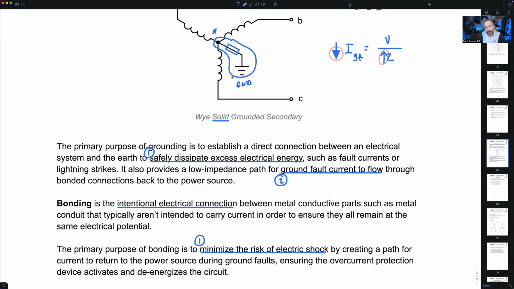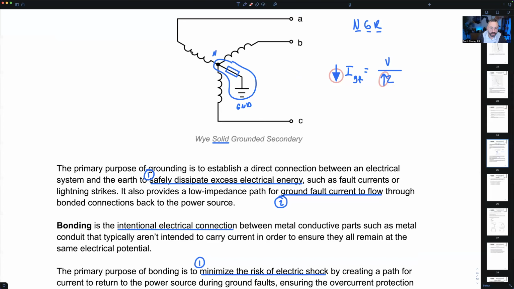You can think of your grounding as like the final boss of bonding. But instead of connecting to just the metal parts that aren't intended to be current carrying conductors, you're landing it right on the neutral. Another thing we can visualize is, in this transformer, if it's a big transformer, I've got some kind of big metal enclosure, right?